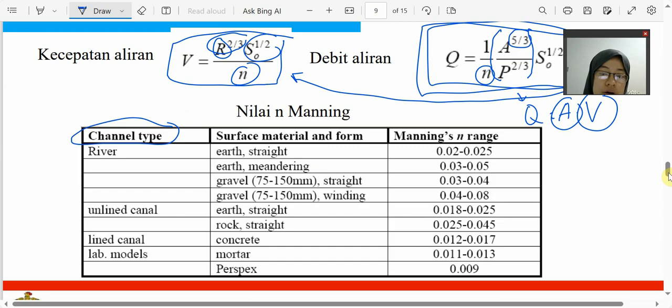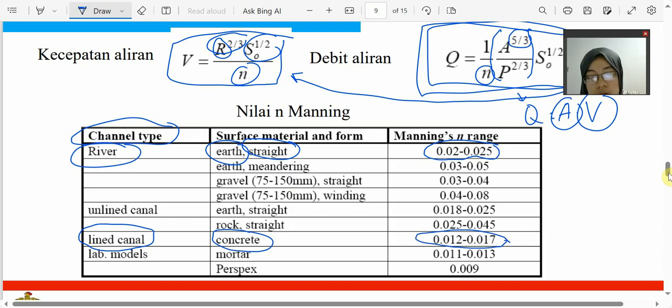If it's a river with earth and a straight form, the Manning number or n number is in the range of this number, right? If it's a lined canal with concrete, we can use this n Manning number.